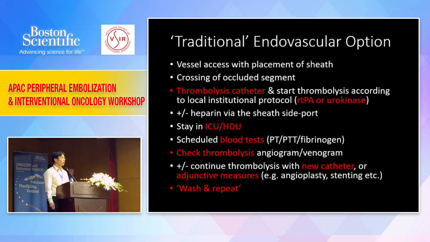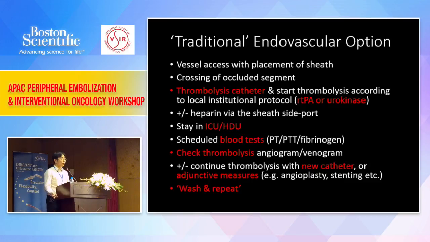So what's the traditional endovascular option? I think most of us will be quite familiar with this. Get venous access, cross the occluded segment, whether it's an artery or vein, and start a thrombolysis catheter according to local institutional protocol. Some people use rtPA, some use urokinase. It doesn't really matter, although I moved towards rtPA just because it is cheaper in my institution, for some reason which I do not know.